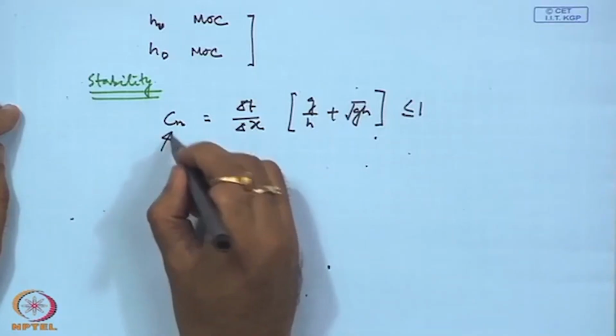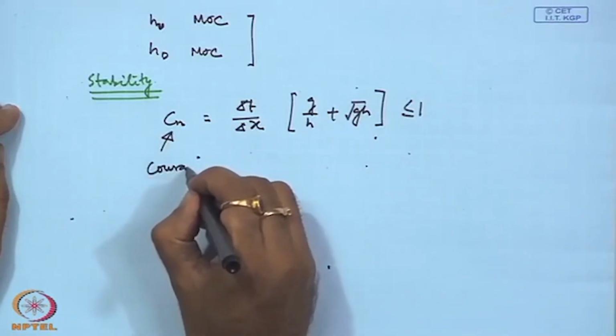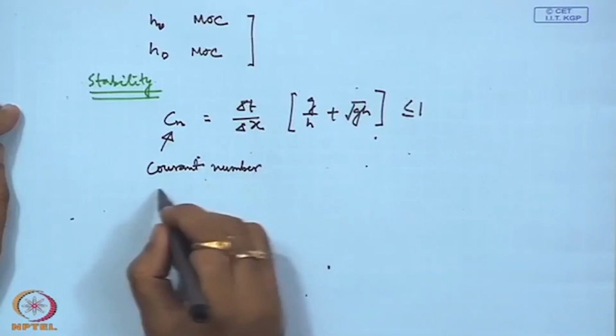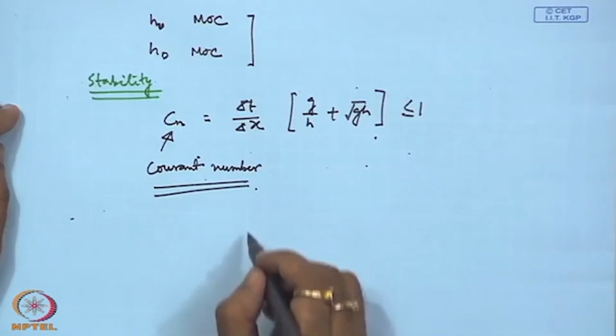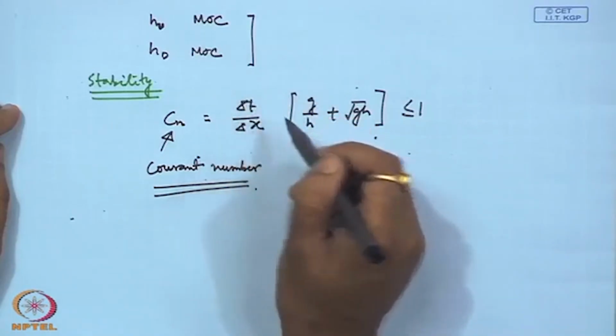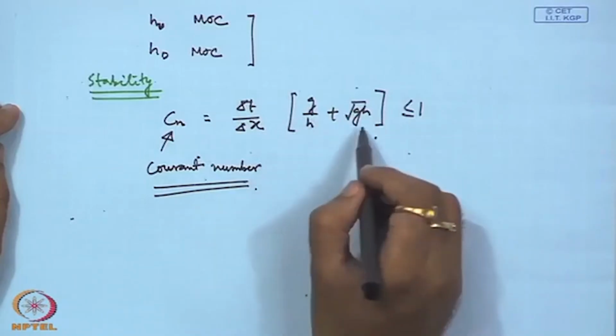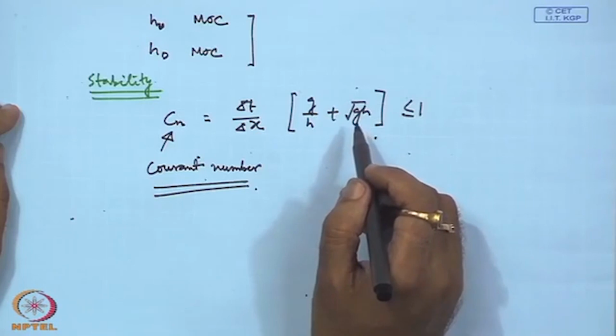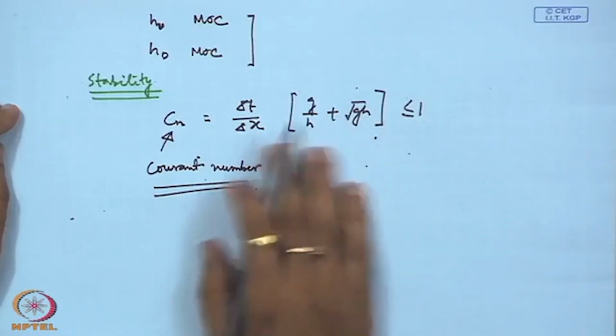The Cn is called the Courant number, and in this particular problem delta T and delta X should be such that this G and H values should be less than 1.